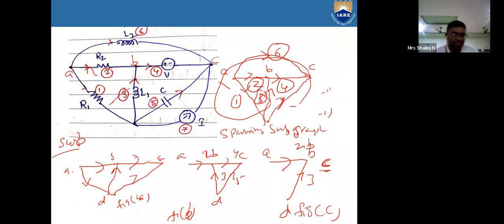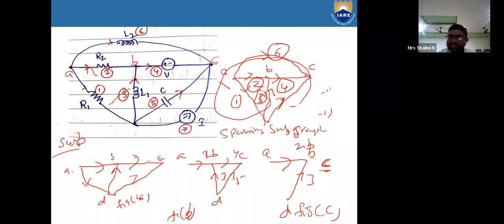See these diagrams, figure A, figure B, figure C. Tree is nothing but, listen all of you carefully, it will consist of all the nodes, but not a closed path.